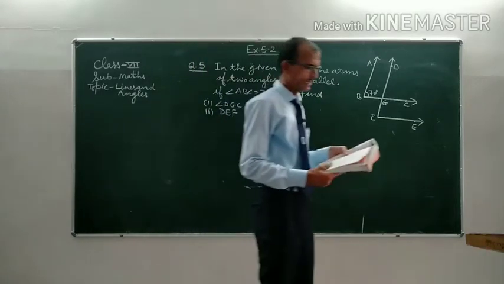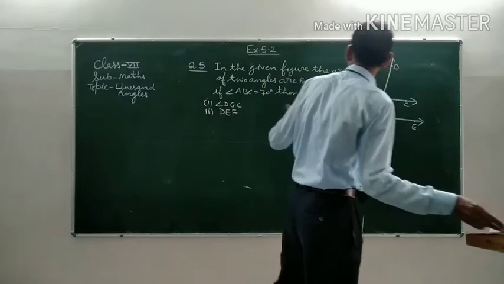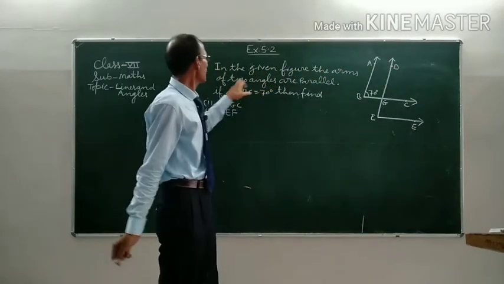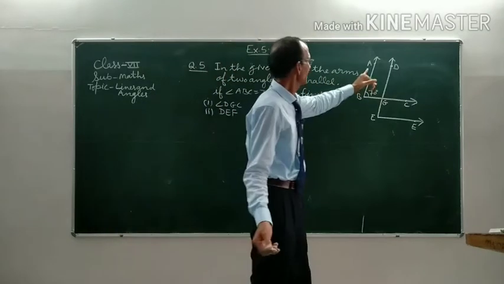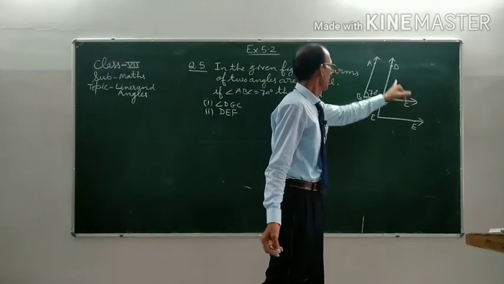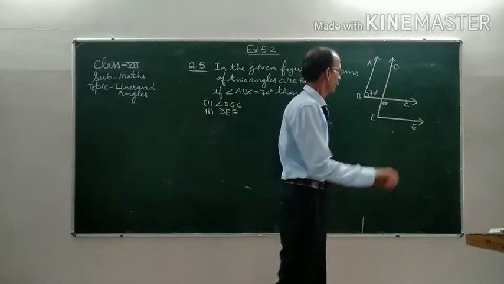Here in the question, we are given that the arms of two angles are parallel. Here we have two angles, angle ABC and angle DEF.